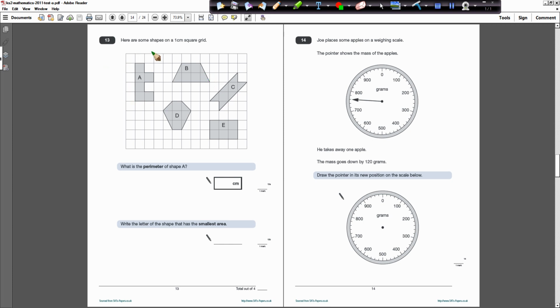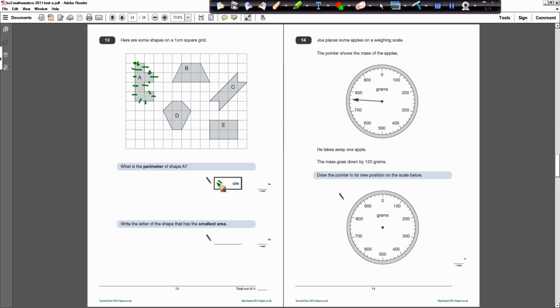Okay. Here are some shapes on a 1 centimeter square grid. What is the perimeter of shape A? What does the word perimeter mean? Perimeter is the outside of the shape. So we can start from this corner over here. 1, 2, 3, 4, 5, 6, 7, 8, 9, 10, 11, 12, 13, 14.